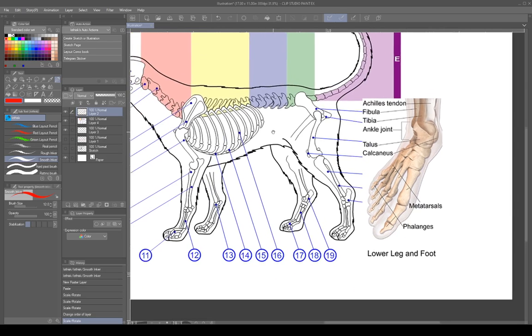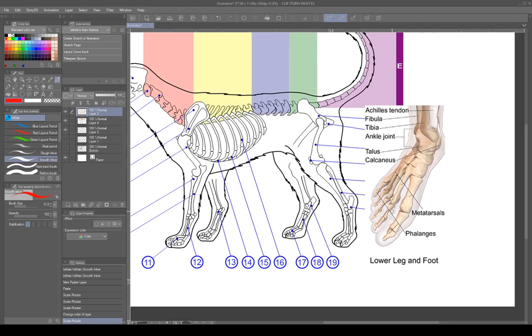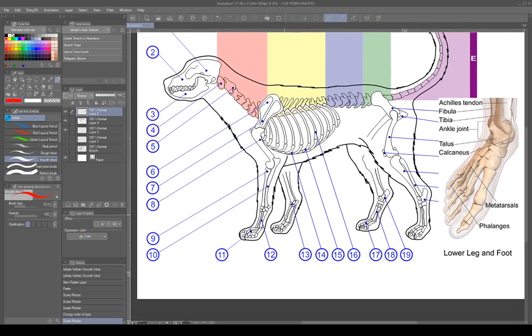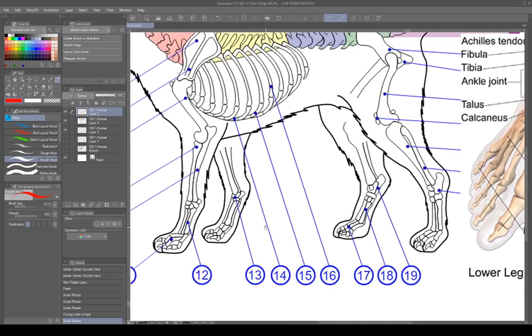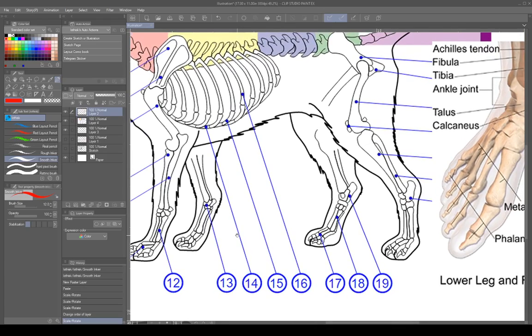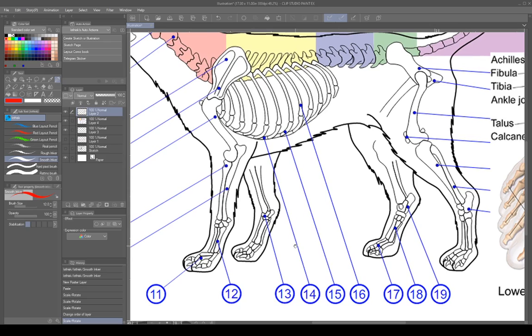So there's a bit of a comparison between the human foot and an animal's hind paws, so to speak. And we can also see that there are some similarities between the hind paws and the forepaws here.